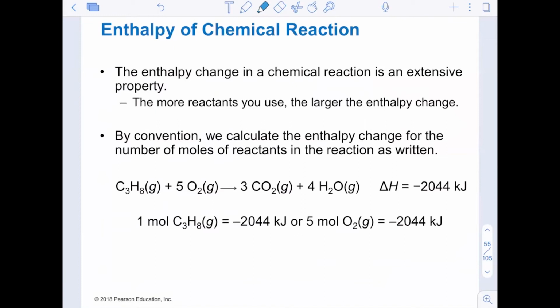And it also releases 2,044 kilojoules of heat per mole of the reaction. So that could mean 2,000 kilojoules per 1 mole of C3H8, or 2,000 kilojoules per 5 moles of oxygen.